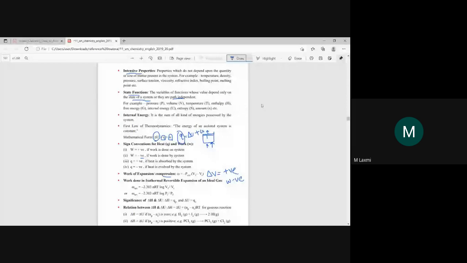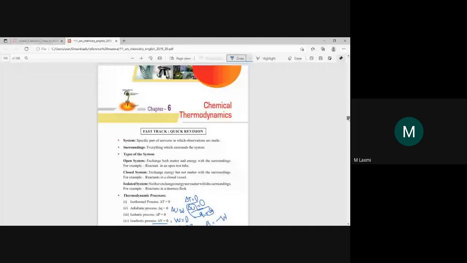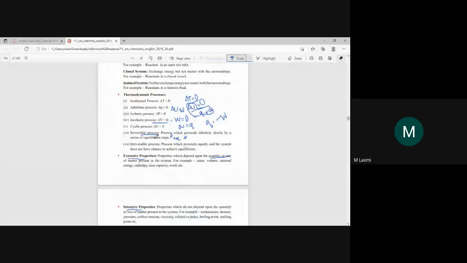I think I explained about the heat conventions. Then coming back to reversible, I told you to remember two aspects under reversible and irreversible. Under a reversible process, my external pressure is varying.